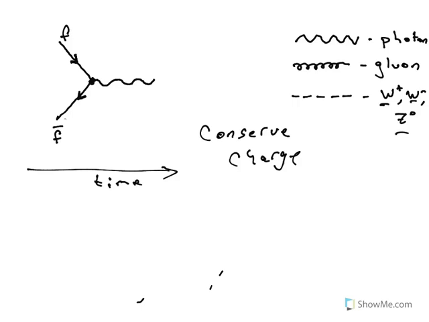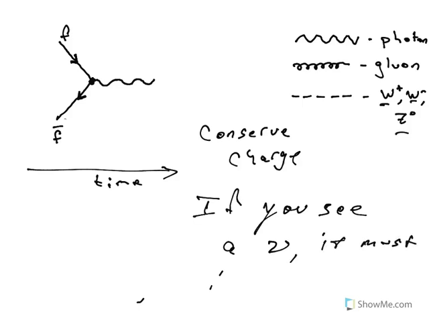And then, just as a hint, a tip: if you see a neutrino, it must be a weak interaction. Okay?